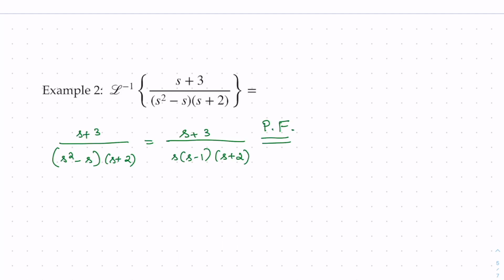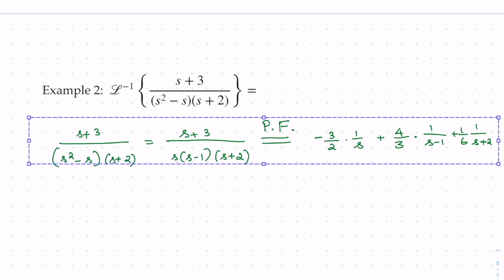If you do the partial fractions, this will become negative 3 over 2 times 1 over s, plus 4 over 3 times 1 over s minus 1, and then plus 1 over 6 times 1 over s plus 2.